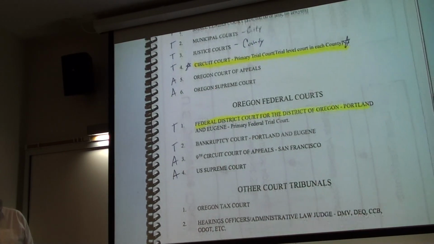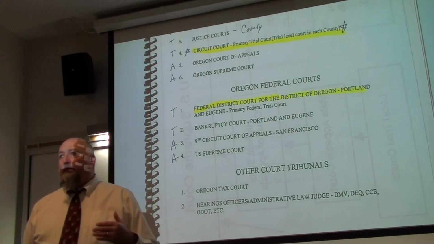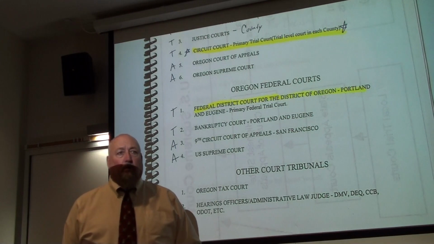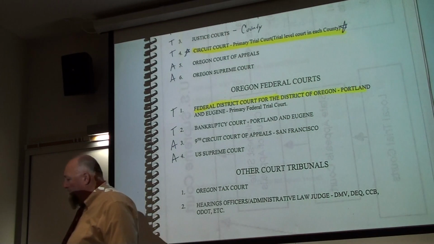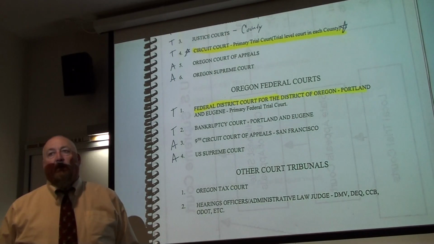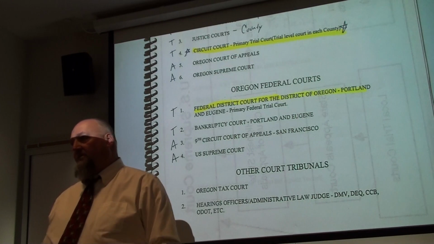Next we have the federal courts that involve the state of Oregon. So again, the primary trial court in the federal court system is known as the district court. So in Oregon, we have the federal district court for the District of Oregon. There are courts in Portland, Eugene, and also in Pendleton.